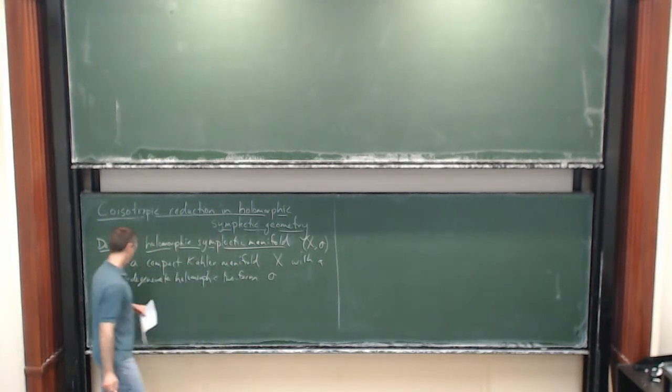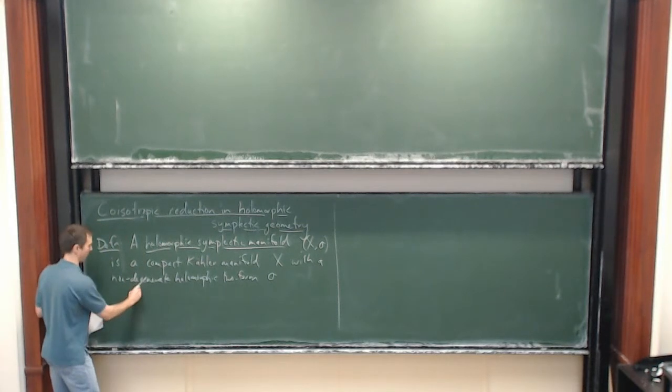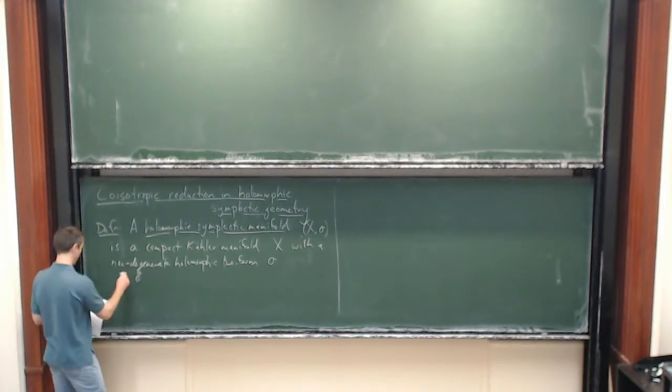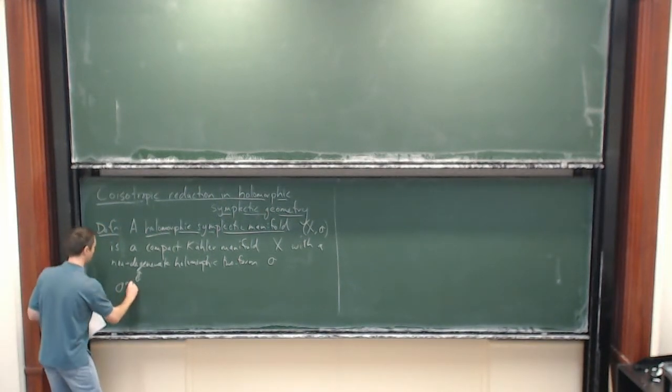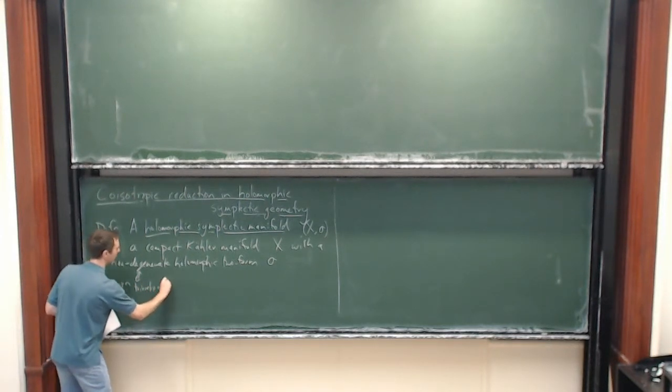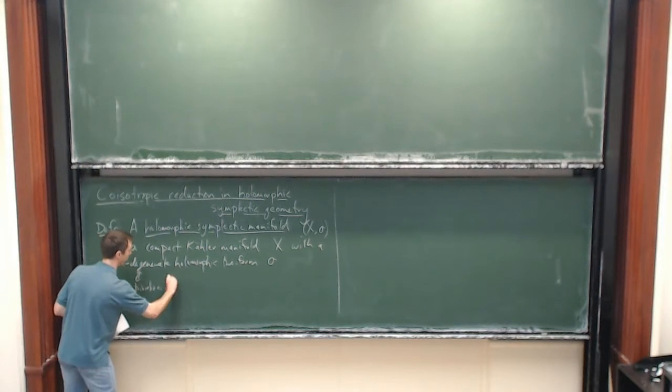And here non-degeneracy means that the sigma induces an isomorphism between tangent and cotangent bundles, or equivalently, the top power of this trivializes the canonical bundle.